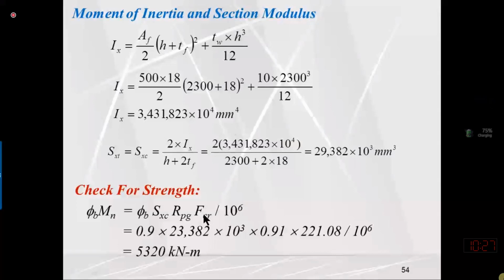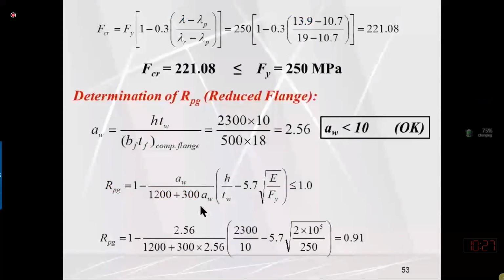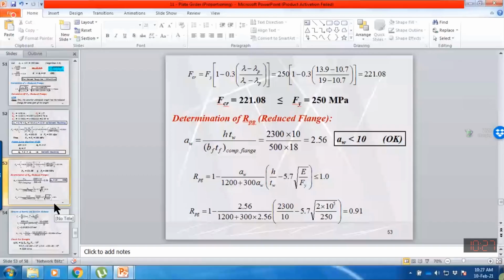The FCR value is based upon either flange local buckling or lateral torsion buckling. So I will show you the expression, then I will come back to how we can determine this value, just to revise the concept here.